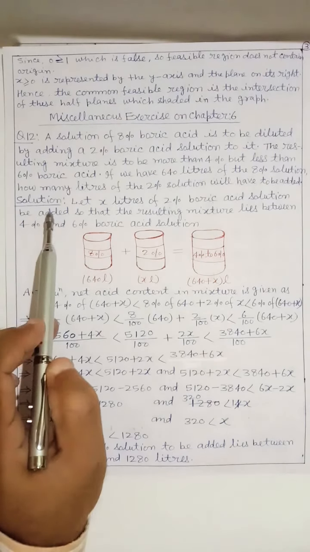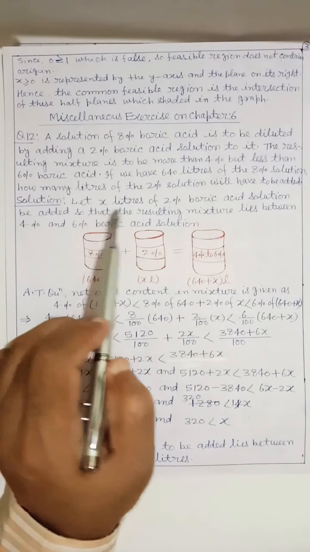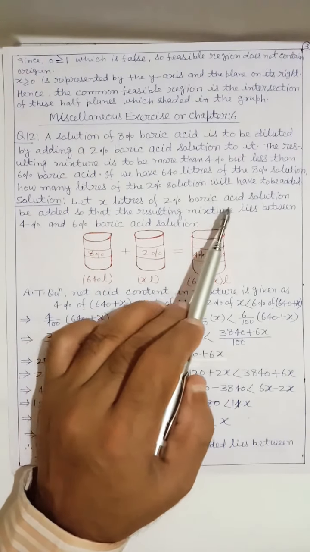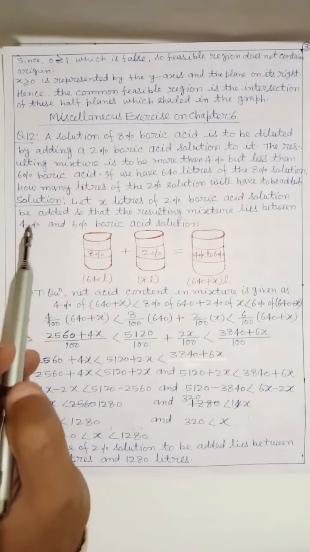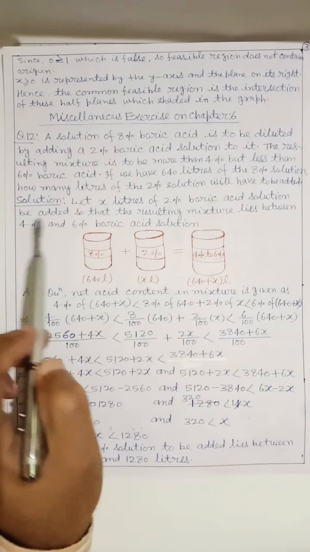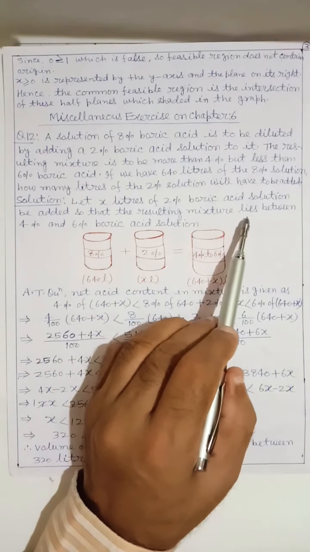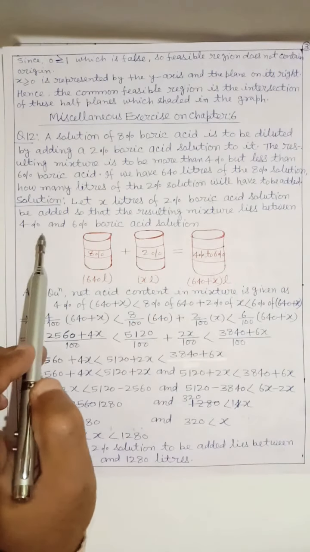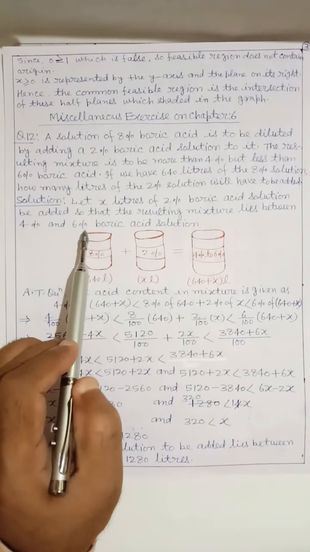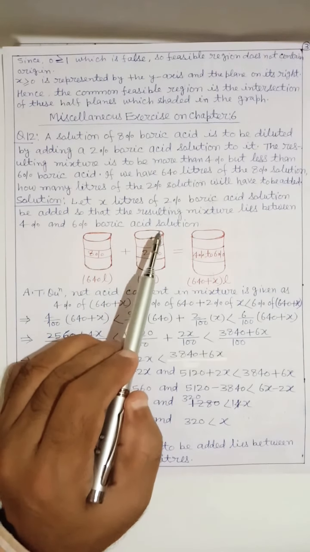To find the solution, let x liters of 2% boric acid solution be added so that the resulting mixture lies between 4% and 6% boric acid solution.